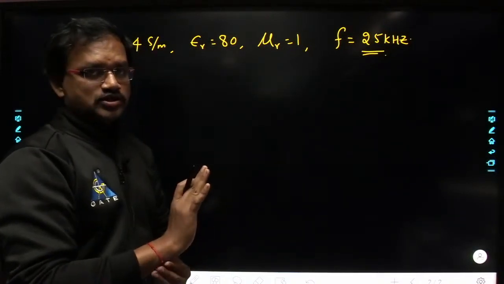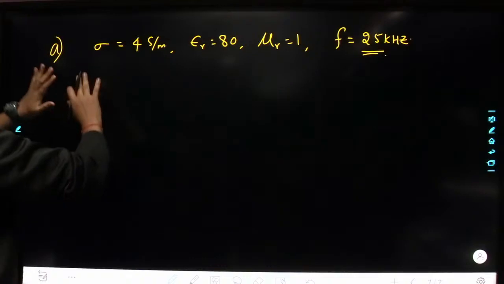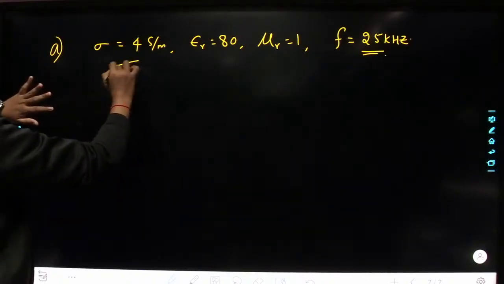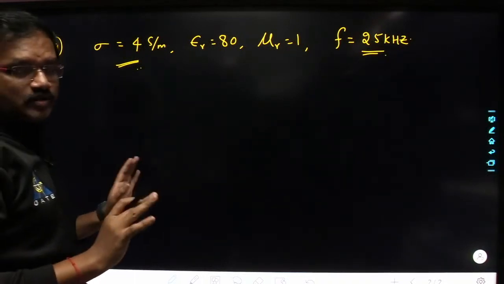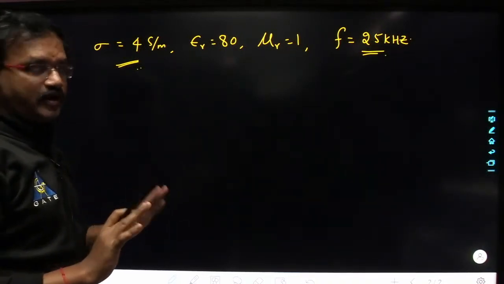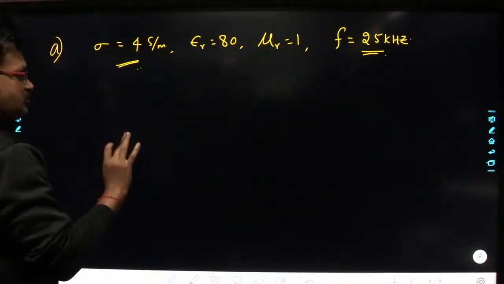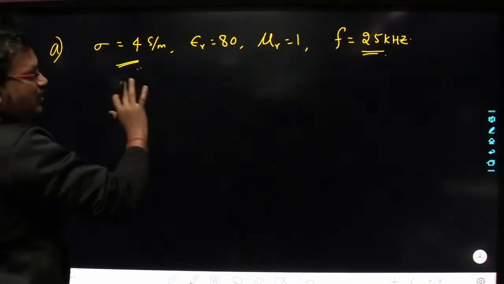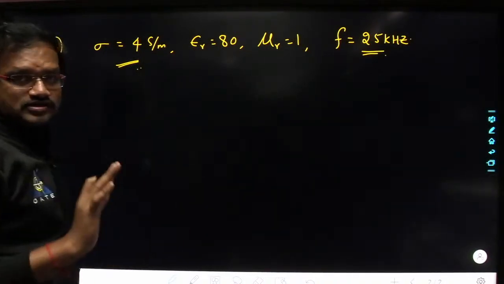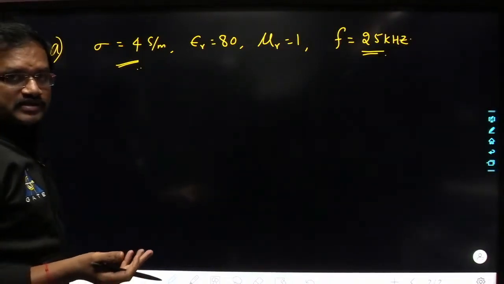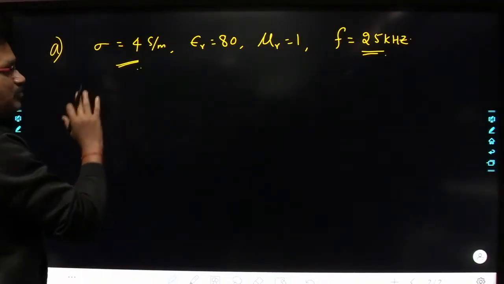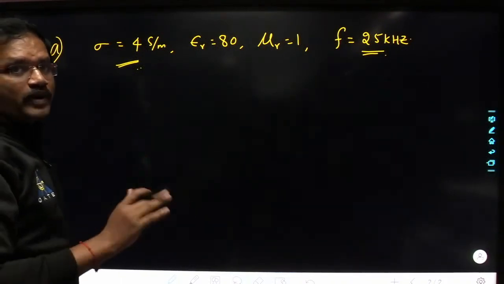Since the conductivity of the medium is not equal to 0, the medium is going to behave as a lossy medium. In a lossy medium, whenever the wave is propagating, its amplitude is going to decay. So let us consider the amplitude of the electric field of an electromagnetic wave.